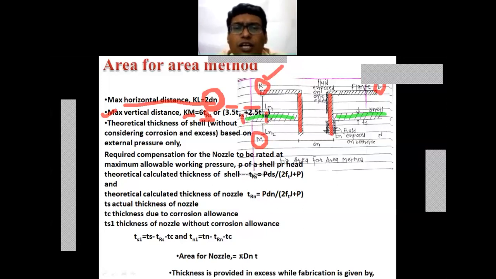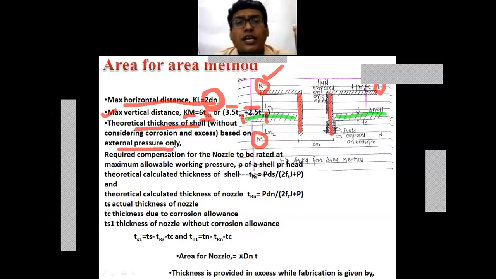The theoretical thickness of a shell is based on the external pressure only, calculated without considering the corrosion or the excess thickness. Then the required compensation of the nozzle is related to the maximum allowable working pressure. For that we first have to calculate the theoretical thickness of the shell and the theoretical thickness of the nozzle.